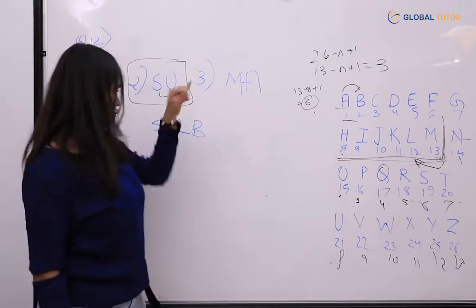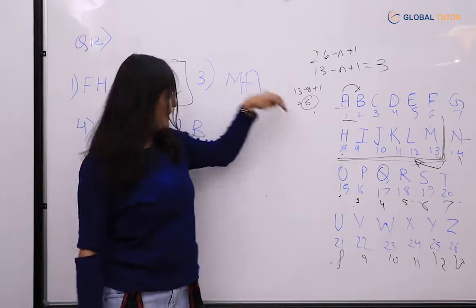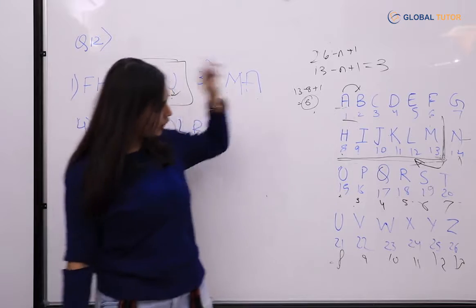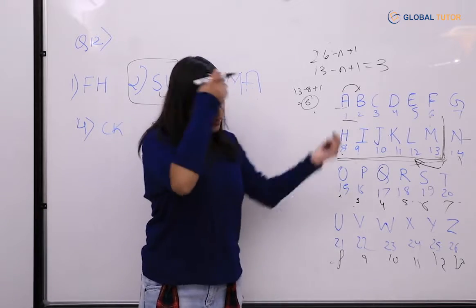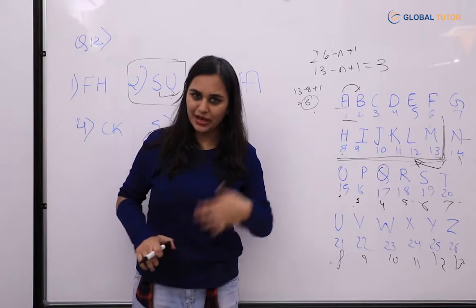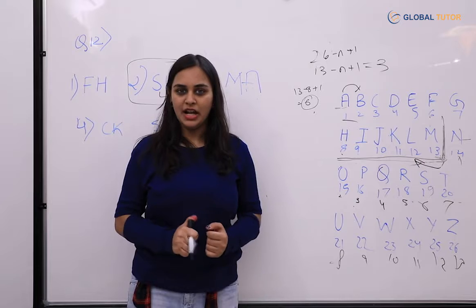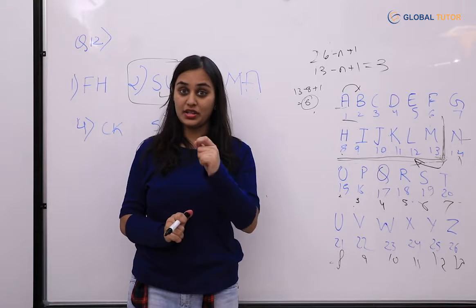F and H, first group, M and A, first group, CK, first group, LB, first group. And this was the only group that did not belong to that particular letter range. So it's just that very obvious solutions might not come into your head while you keep solving a lot of papers. So you always need to find the right approach, the right pattern.